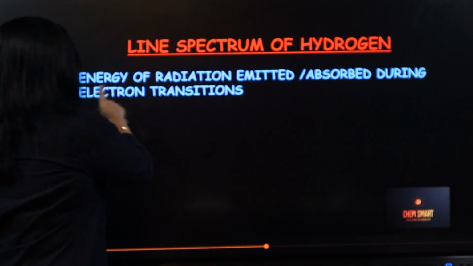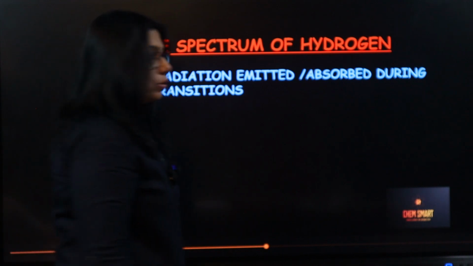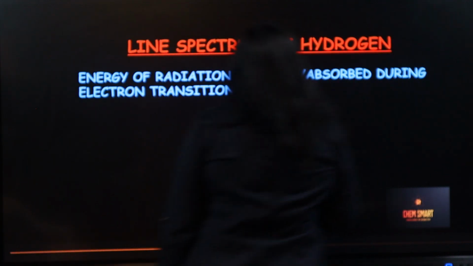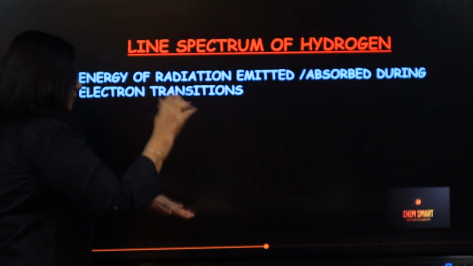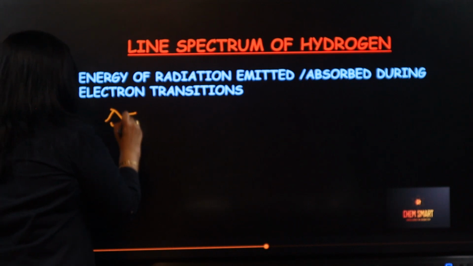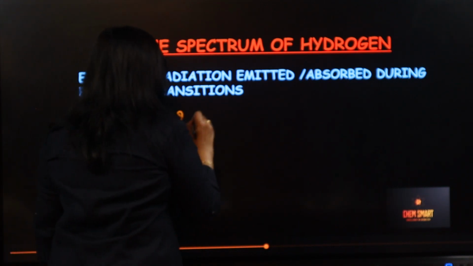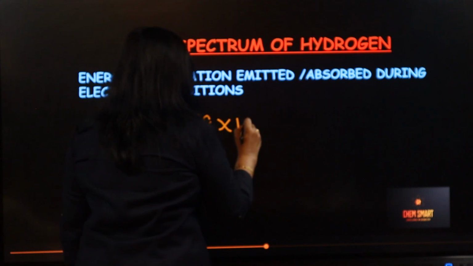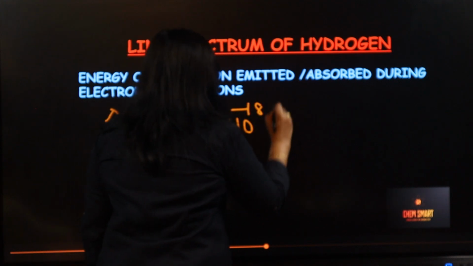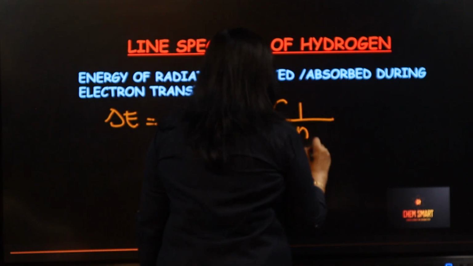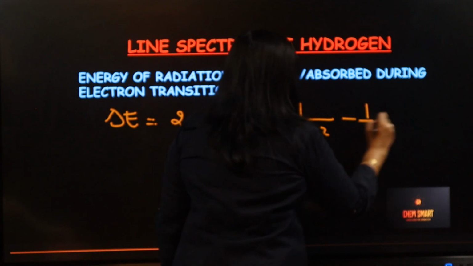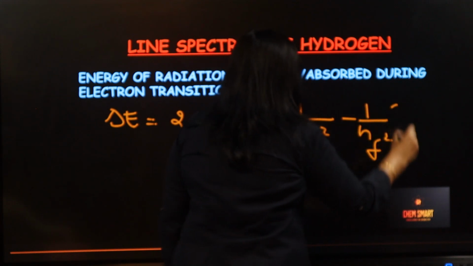So first of all, let us see what is the energy of radiation emitted or absorbed. That energy is the difference, I told you, between the two levels. So delta E is equal to 2.18 (these are all derived formulas, okay?) into 10 raised to minus 18 into 1 by Ni square minus 1 by Nf square.